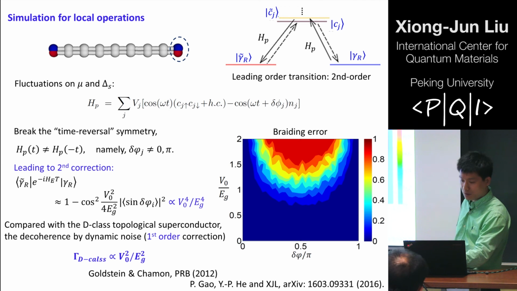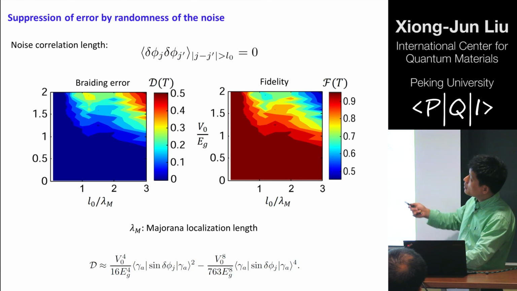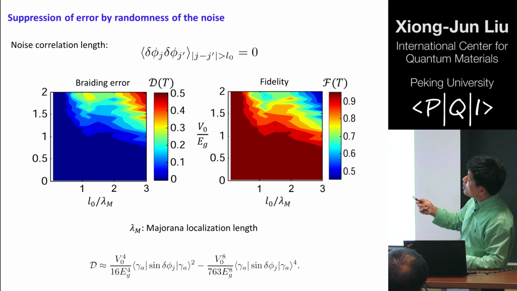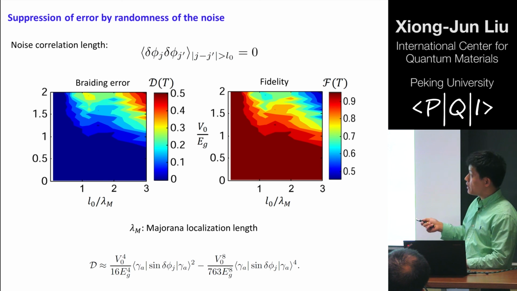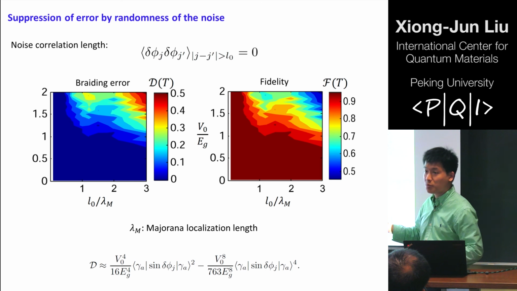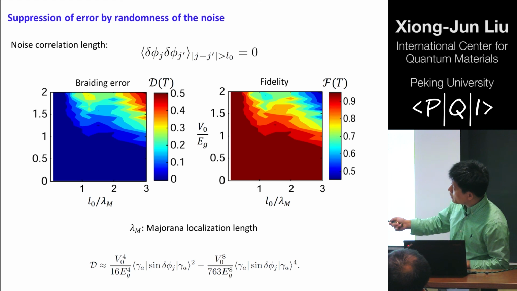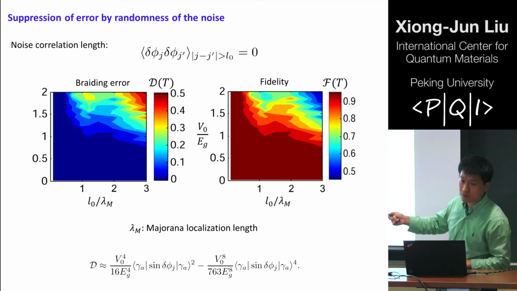Finally, I would also say that if the noise is random, suppose you have a coherence length of the dynamic noise, then when the coherence length of the noise is less than the Majorana localization length, the decoherence is quickly suppressed.